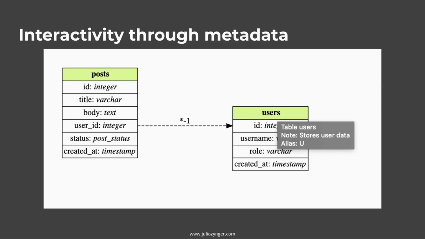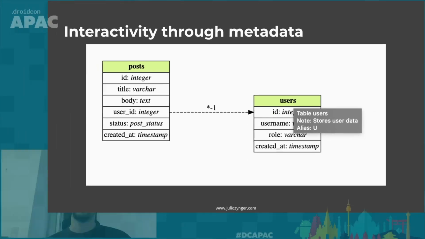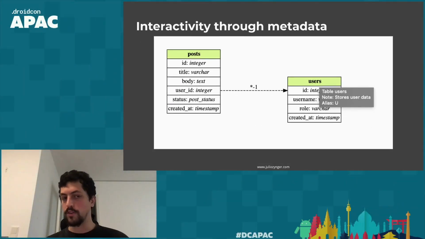Here I put an example of how we use tooltips in the tables to show things like table aliases. For instance, we have this users table, and in the definition of the schema, that table has an alias called U for users. Here you can discover that alias by hovering over it, and that leverages the metadata that is attached through the SVG file.